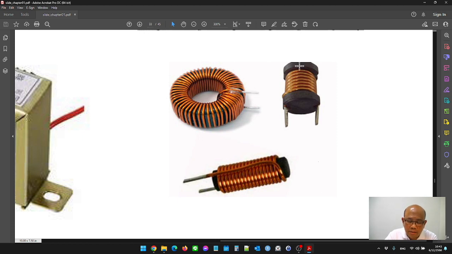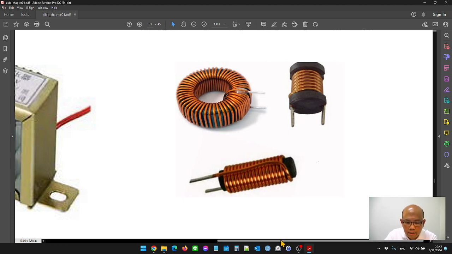Some inductors are made from ferrite. Ferrite is iron mixing with carbon. That is what we call ferrite. The core made from iron and ferrite has a difference. When you make it from iron, it supports very low frequency.